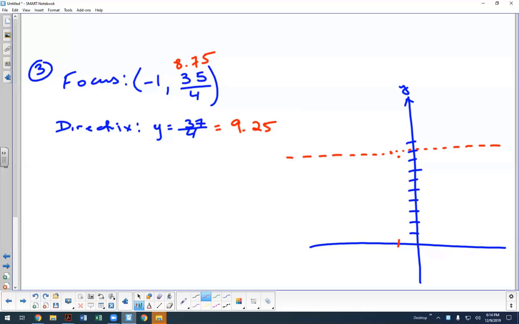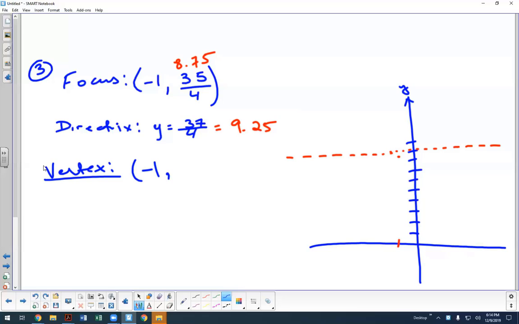The other thing you can do is add the two numbers and divide by 2, right? Because you basically end up adding 9 plus 9, which gives you 18. 18 divided by 2 is 9. So to find the vertex, remember, the vertex is always going to be in line with your focus, which means this x value is the same for your vertex, okay?